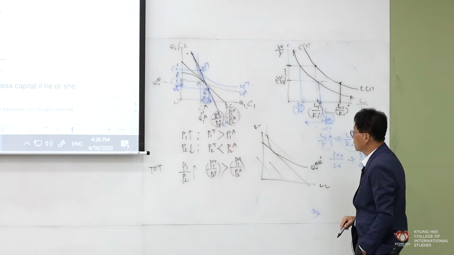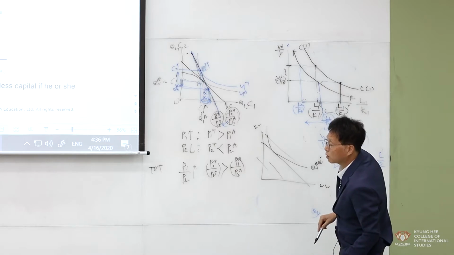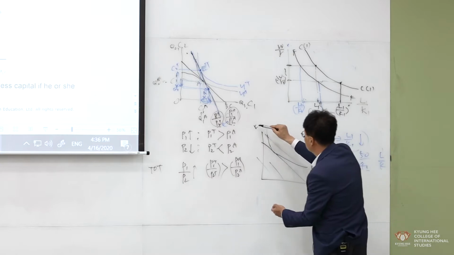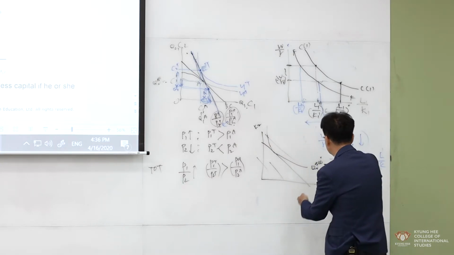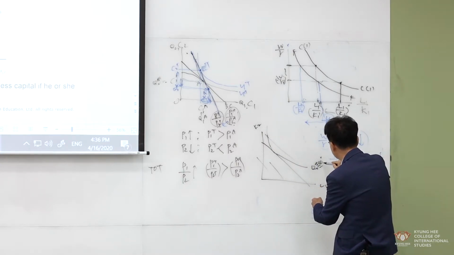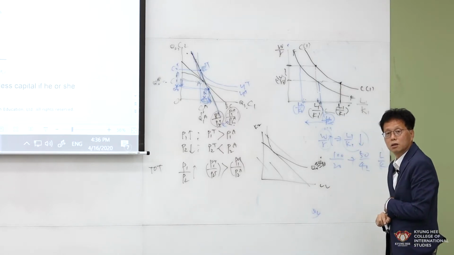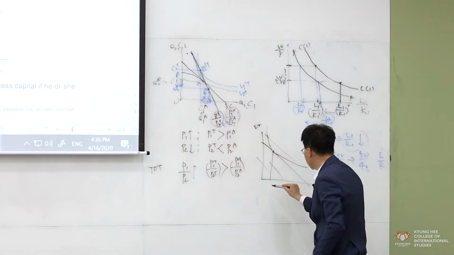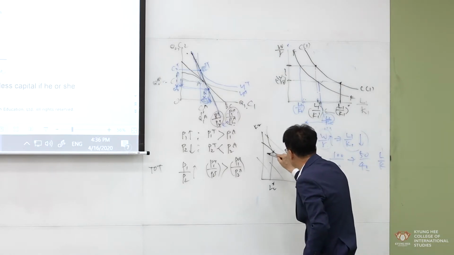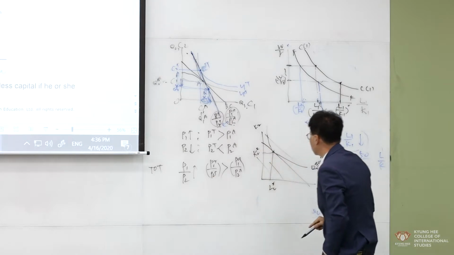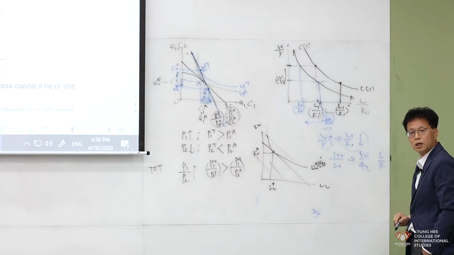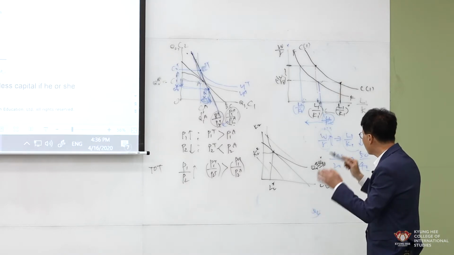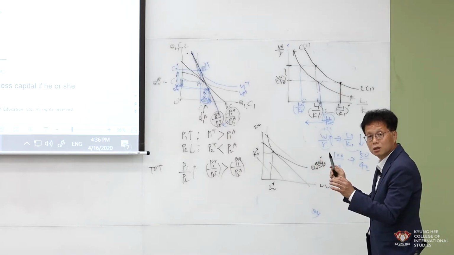That is K2, Q2. And Q2 star is, for example, 10 hamburgers. Then we can find L2 star and K2 star. Now, in cost minimization, you want to produce only one unit of Q1.